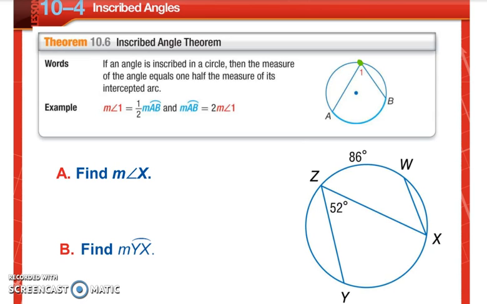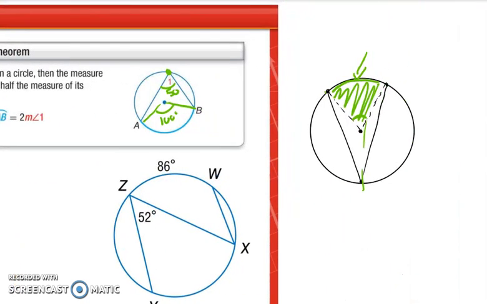So this angle right here is 1/2 of whatever this angle is. So if this is, say, 100, then this one is 50. So hence the ice cream cone. More calories in the ice cream than there are in the cone, and how much more? 2 times the calories up here.